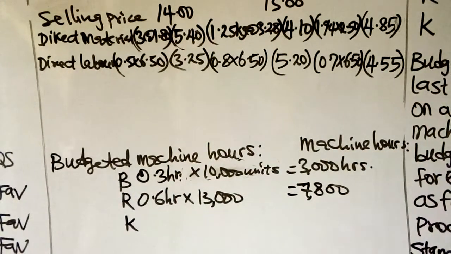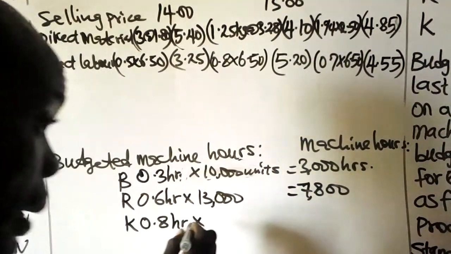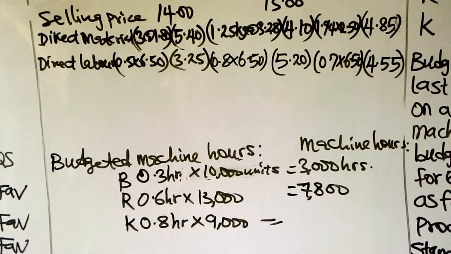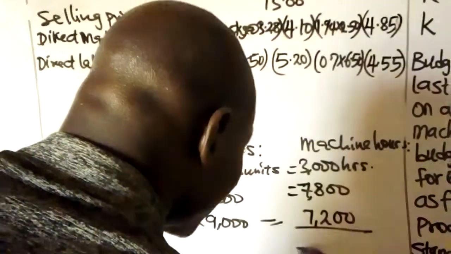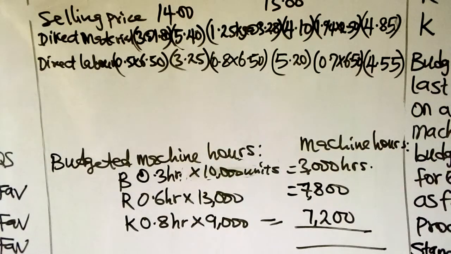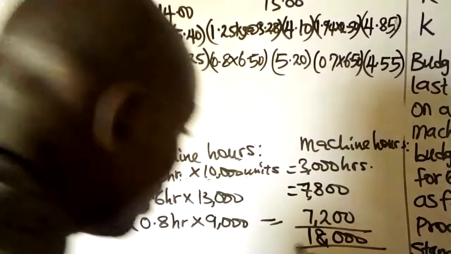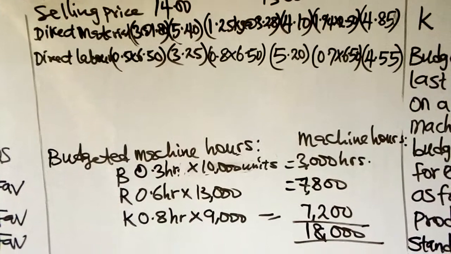For K, you have 0.8 machine hours times the budgeted production of 9,000 units. 0.8 times 9,000 gives 7,200 machine hours. When you sum it up, 7,200 plus 7,800 plus 3,000, then you have 18,000 machine hours.